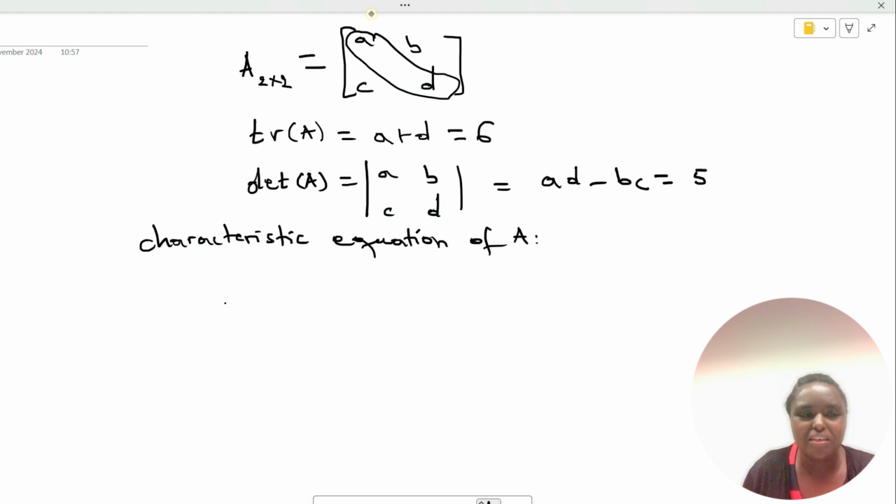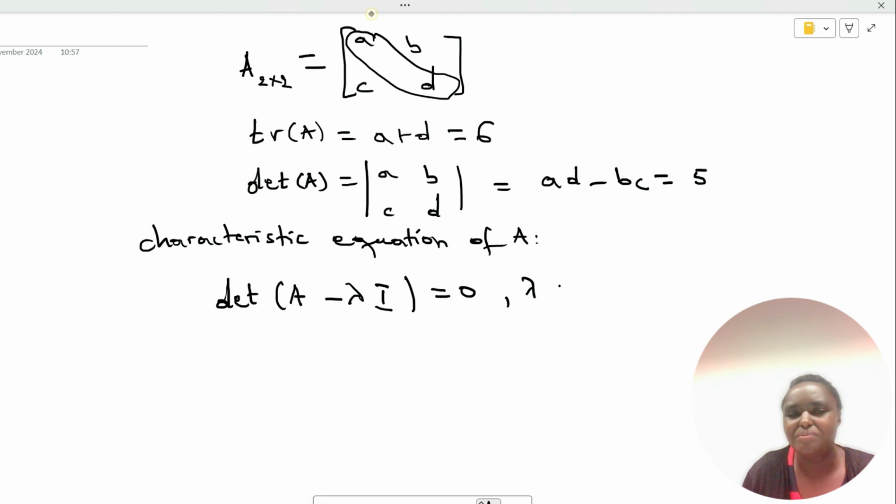It is an equation of this form: determinant of the matrix A minus lambda times I, where I is the identity matrix, equal to 0, where lambdas are the eigenvalues.